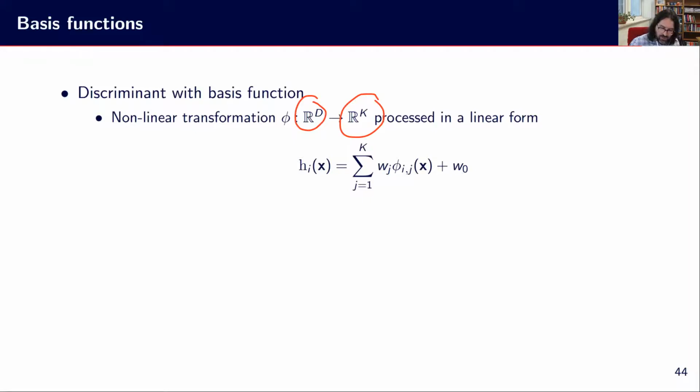The point is that the linear model will be applied in that space of k dimensions. The space created by the nonlinear transformation will be the new space where we work on the data.